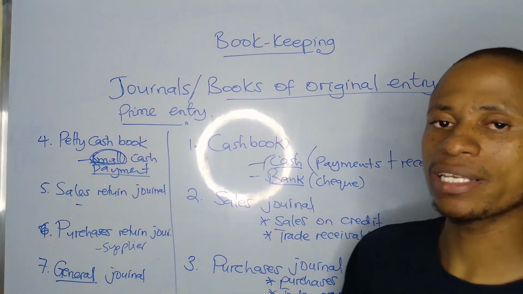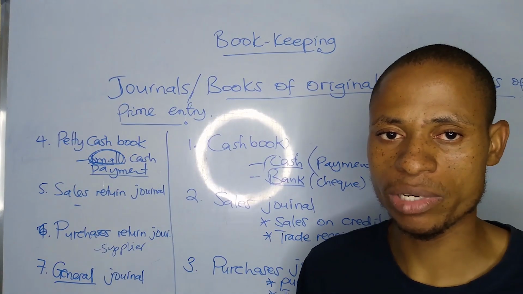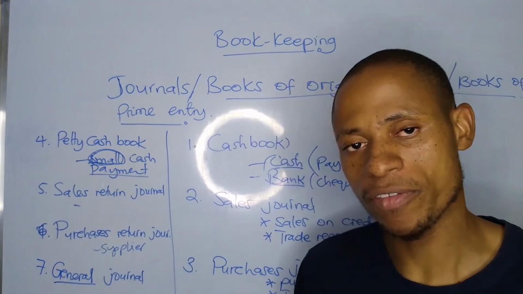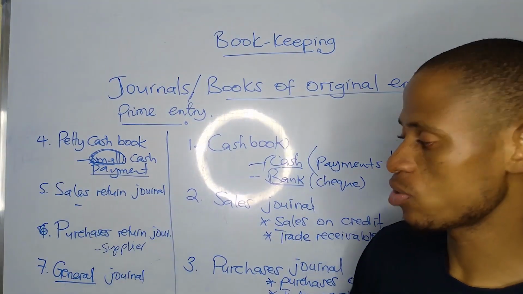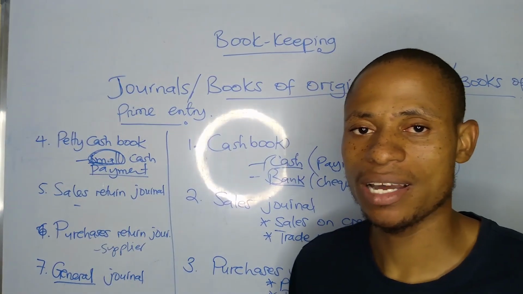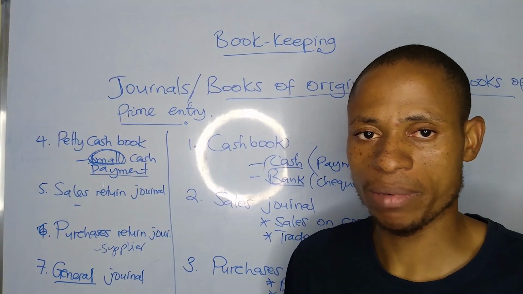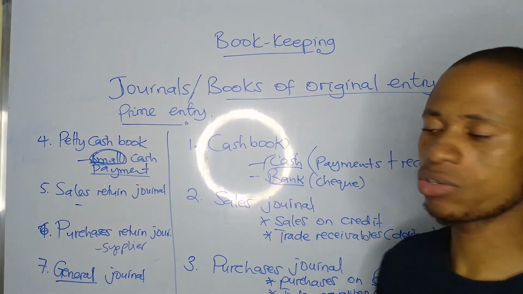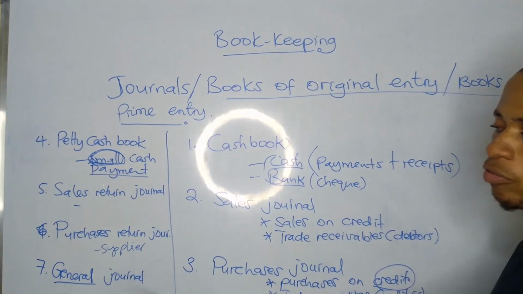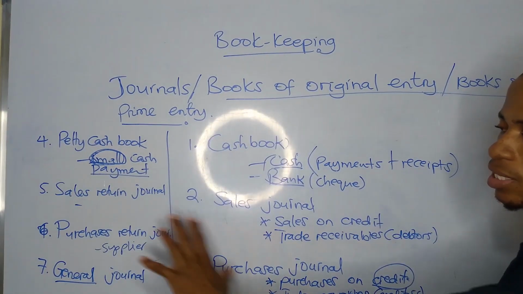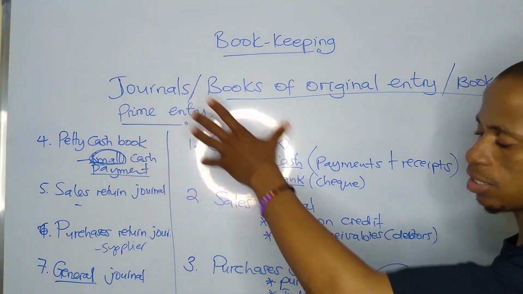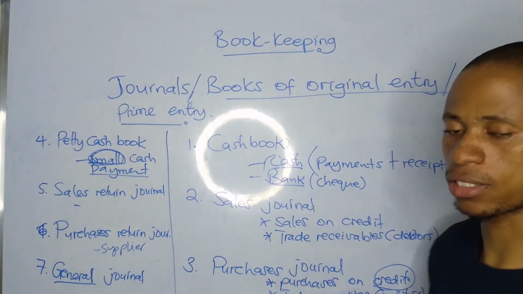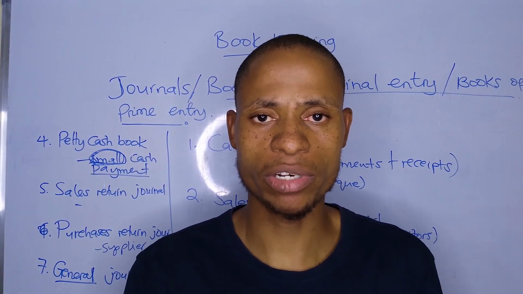Sales return if customers have decided to return goods to the business, if they were damaged, for example. Purchase return journal if we are returning goods to the supplier. And the general journal is a general book of original entry that records transactions not related to these books of original entry. That's all about books of original entry.